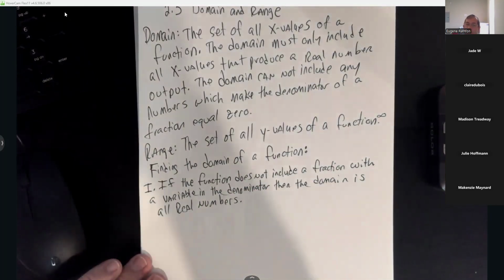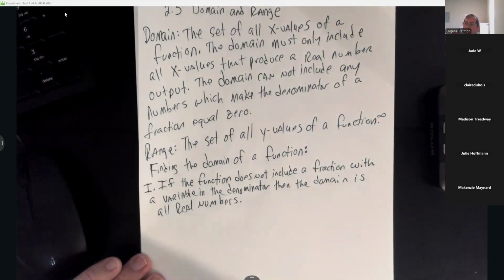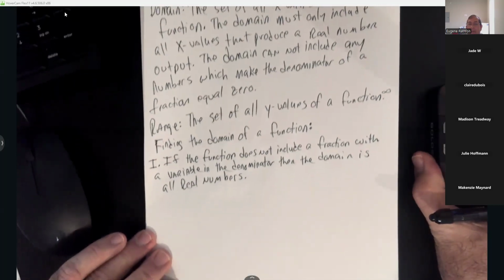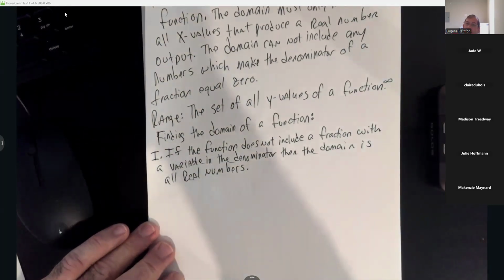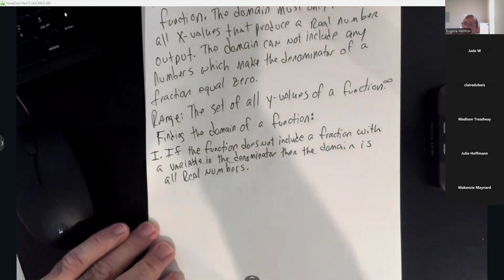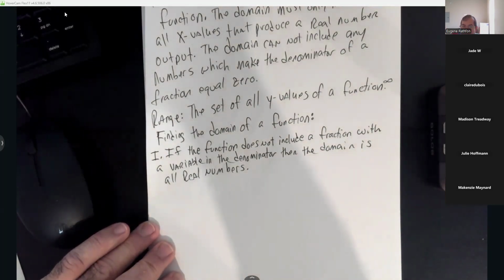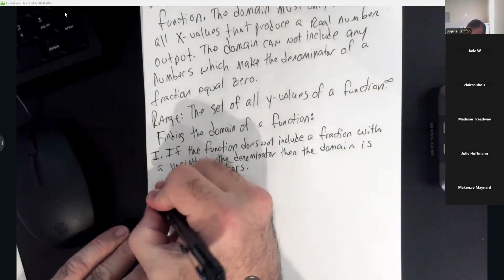Okay? So if I don't see a fraction, automatically my domain would be all real numbers. That means no matter what numbers I put in for the x values, I'm going to get a y value that's a real number. Okay?